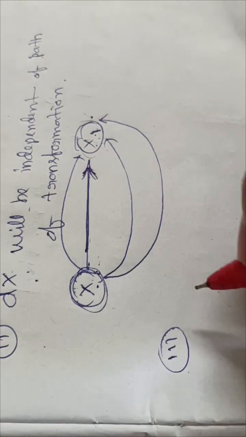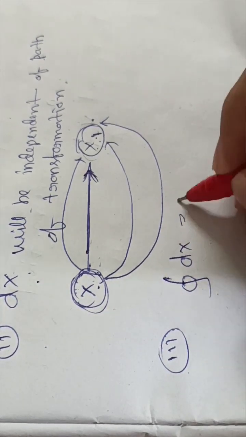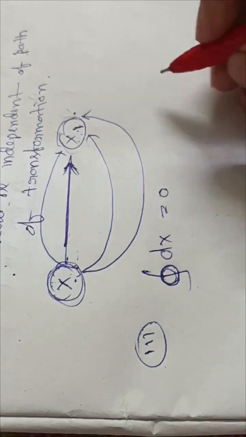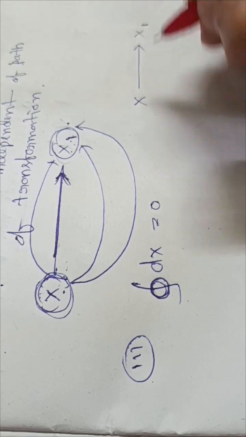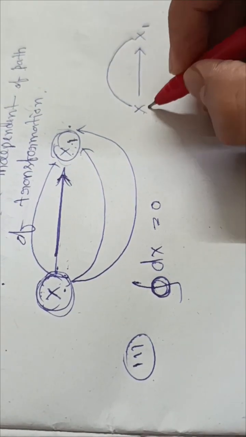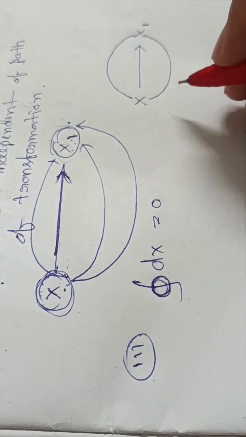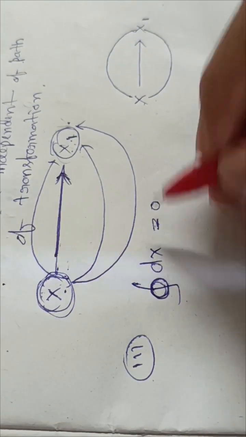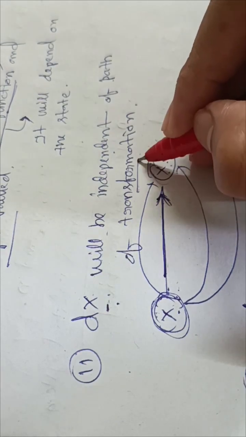Again, it can be denoted as cyclic integral dx equal to 0. Cyclic means if x goes to x1 and comes back, this is a cyclic path, then the whole cyclic integral will be 0. As we said, dx will not depend on the path of the transformation.